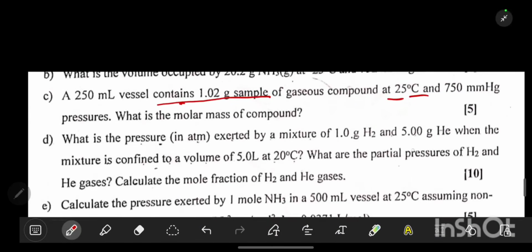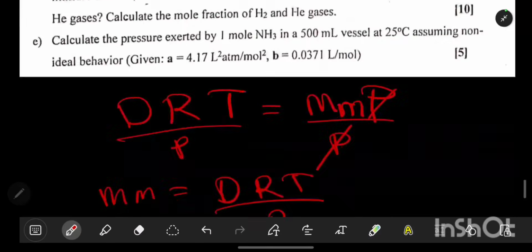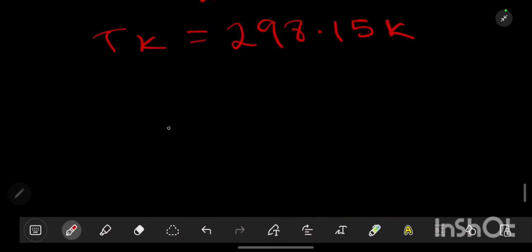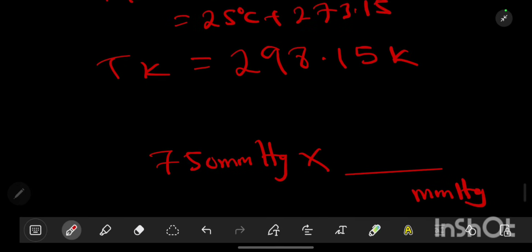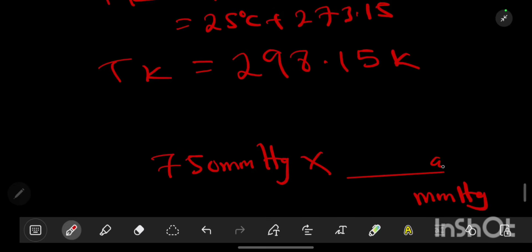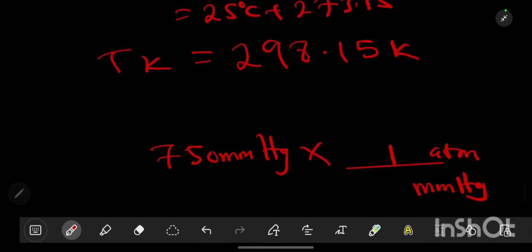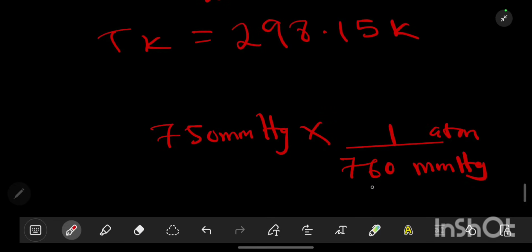Pressure, we convert from the unit of millimeters of Hg to atmosphere. So we have 750 millimeters of Hg. We multiply this by, since there is the millimeters of Hg down here, so that they can cancel, up here we are going to have atmosphere. 1 atmosphere, there is 760 like that.